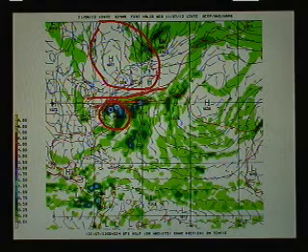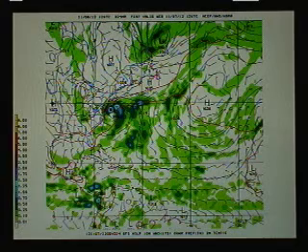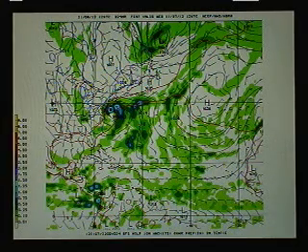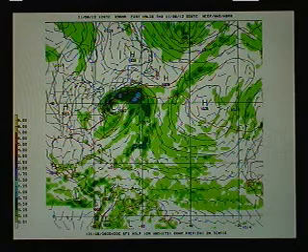The squeeze play between the two, very similar with Sandy, as it will be with this situation, that you have that gradient, the difference between the high pressure and the low pressure, creating a stiff onshore flow. Stiff is an understatement. Gale force to storm force winds, anywhere from 40 to maybe 60 knots, depending on the track and the intensity of the low pressure area.